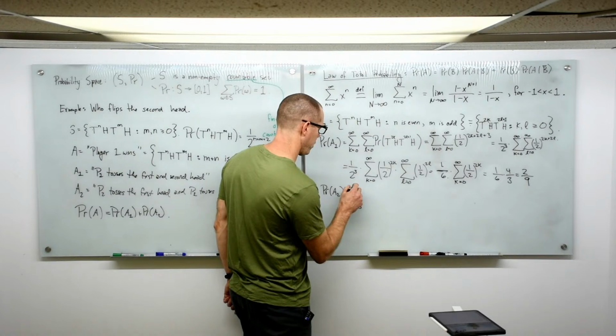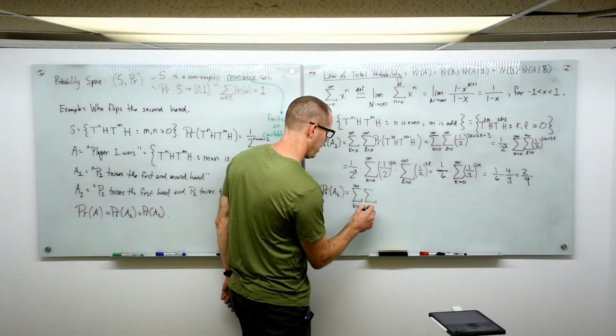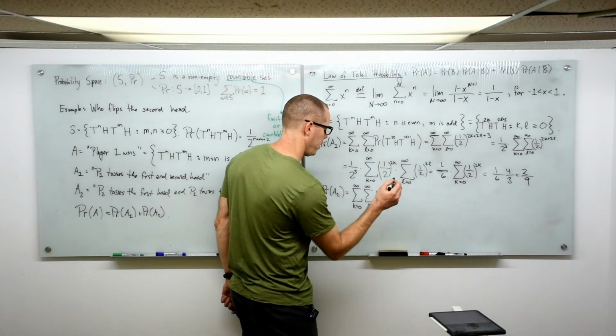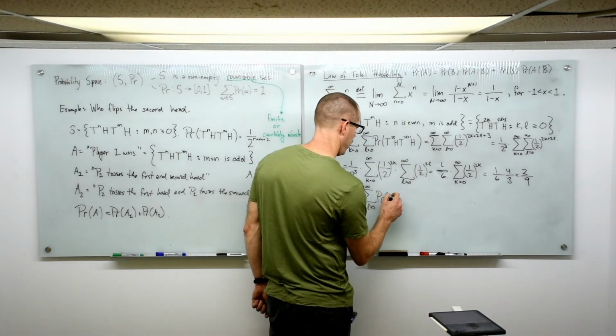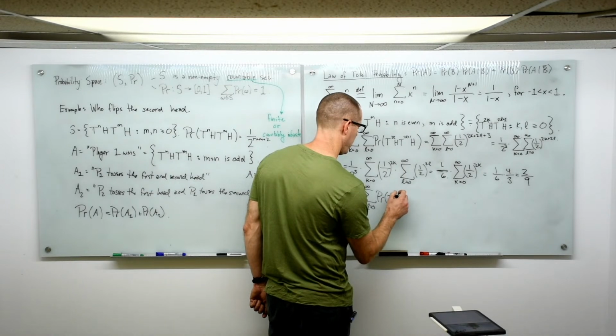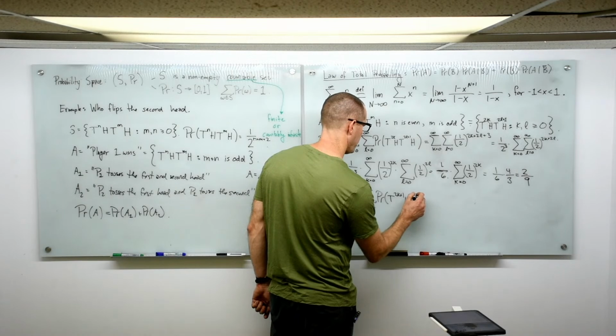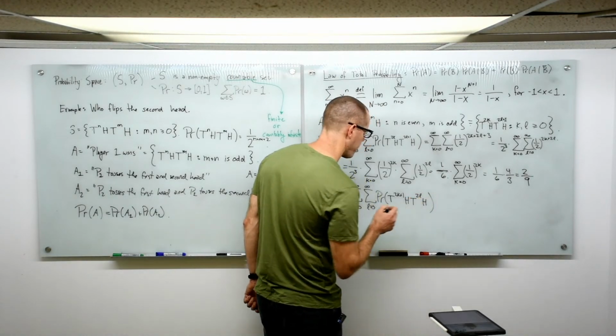So we get k is 0 to infinity, L is 0 to infinity of the probability of tails 2k plus 1, heads, tails 2L, heads. Right.